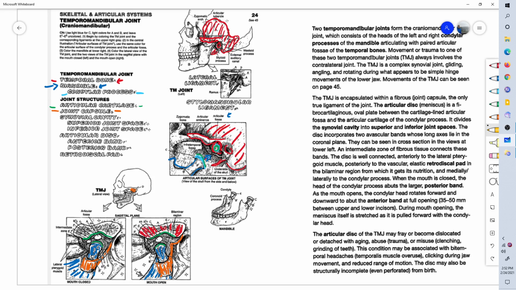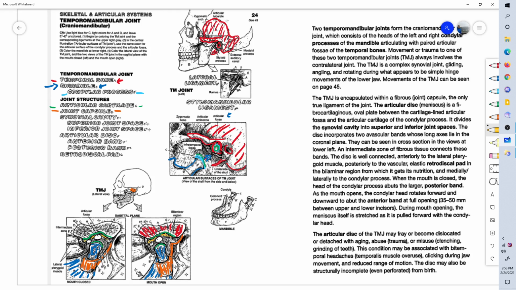The synovial cavity is the space that is encapsulated by the joint capsule. It contains synovial fluid. This is in yellow here, the superior joint space of the synovial cavity.